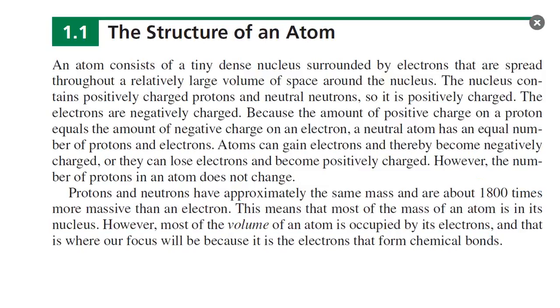They are moving, so more space is occupied by them. The volume of an atom is occupied by electrons, and that is where our focus will be. So we're going to focus mostly on electrons, because they are occupying more space, the volume of an atom. They are healthy and athletic.